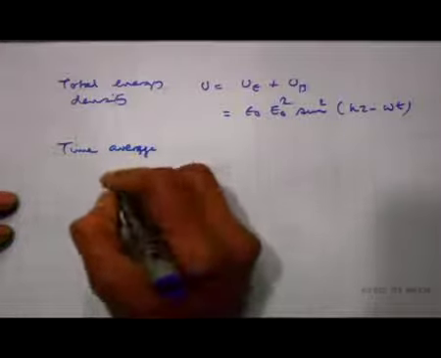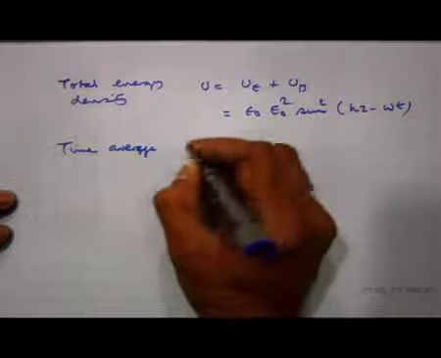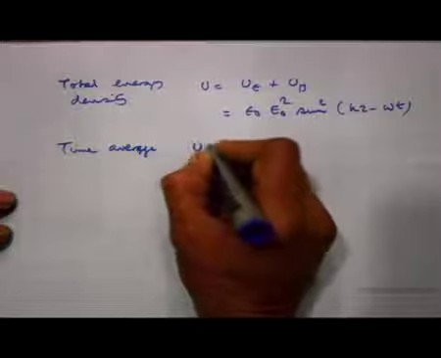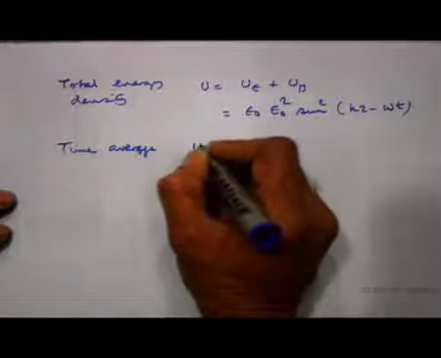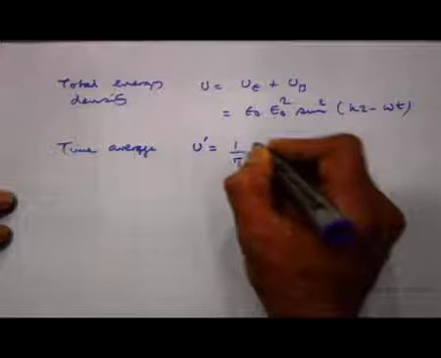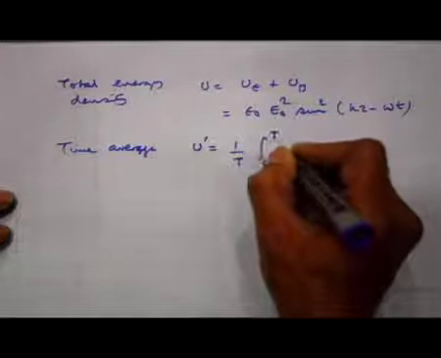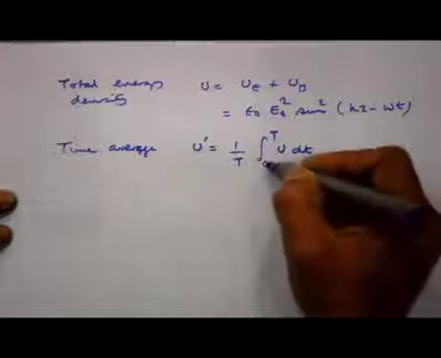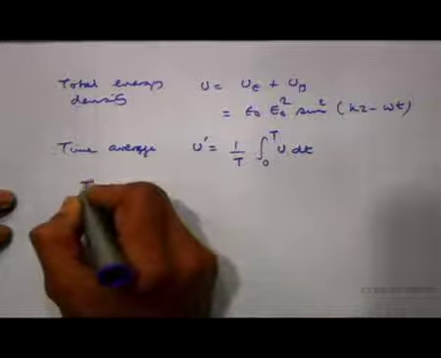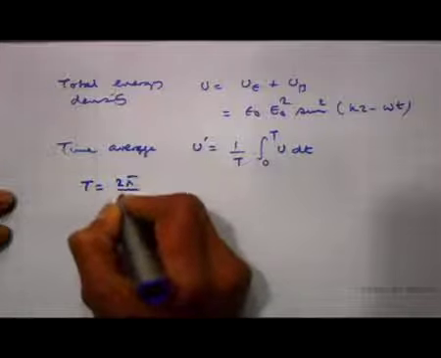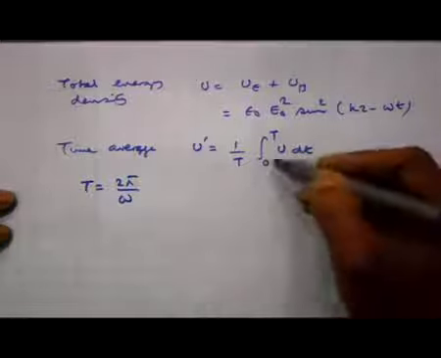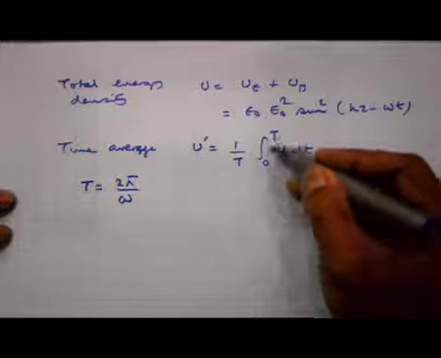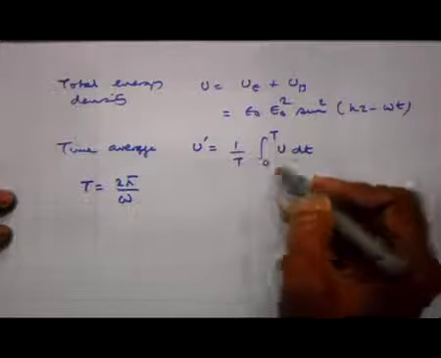The time average of this energy density, let me call this u dash, is 1 by T integral 0 to T of u dt. I integrate over one period of the wave, where T is equal to 2 pi by omega, divide by the time of integration, and I get an average value.